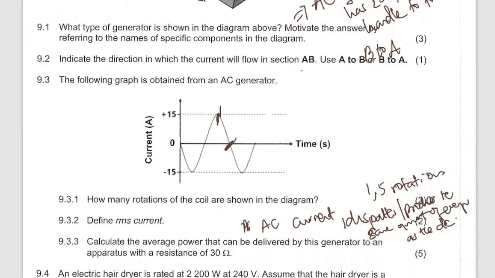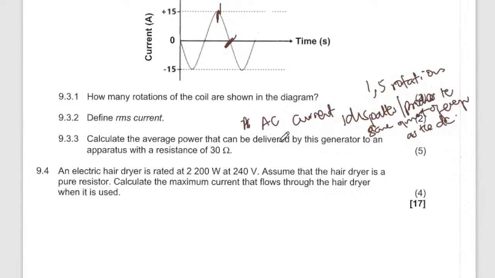Then calculate the average power. With average power, remember we need to know the maximum current. If we have I RMS, it is I max divided by the square root of 2.